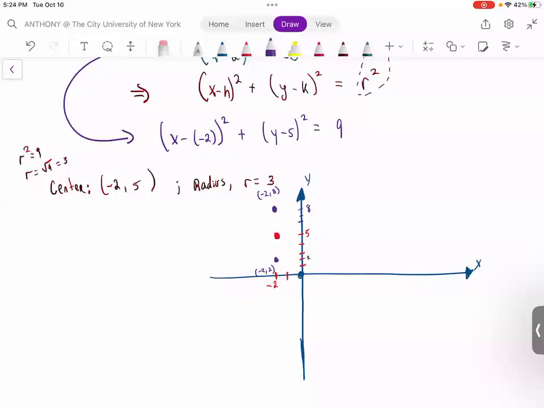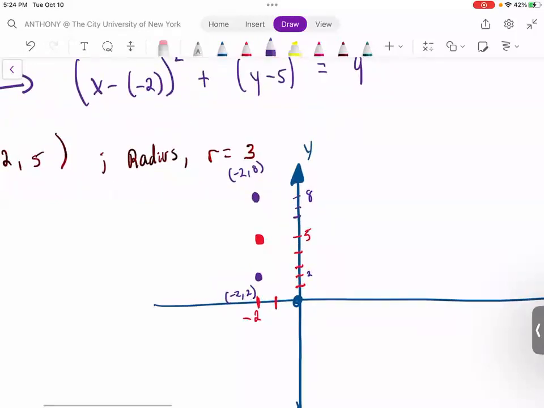Now I have to go. Sorry, I'm writing this really small, by the way. I should have done a better graphic. If I go 3 units to the left of our center, 1, 2, 3. That will give us -5, 5. And then 3 units to the right of our center, 1, 5.